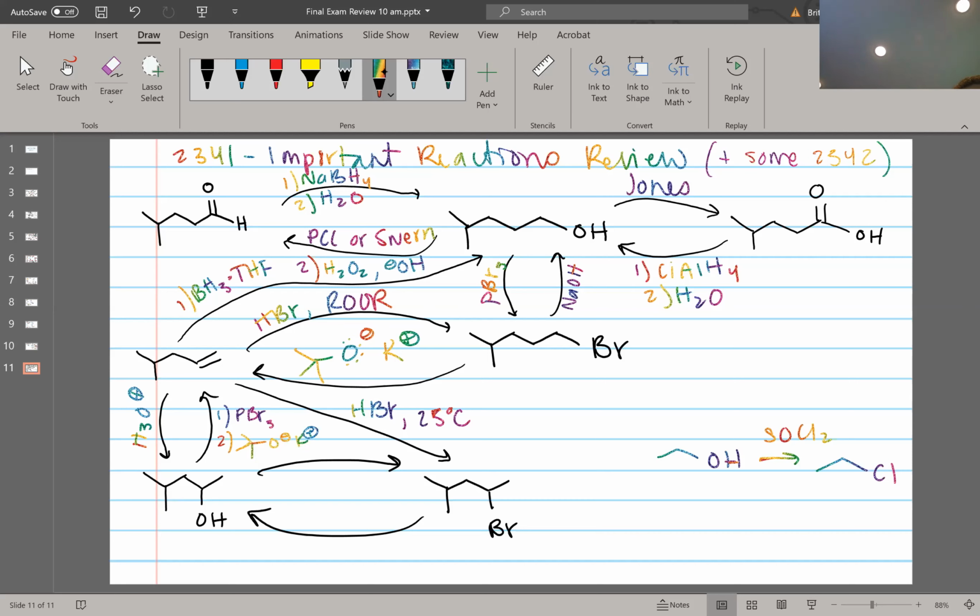That would be your best option. If you tried to dehydrate it with acid and heat, you would not end up with that alkene. You would end up with this alkene.